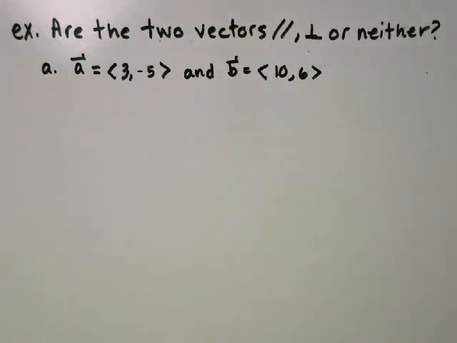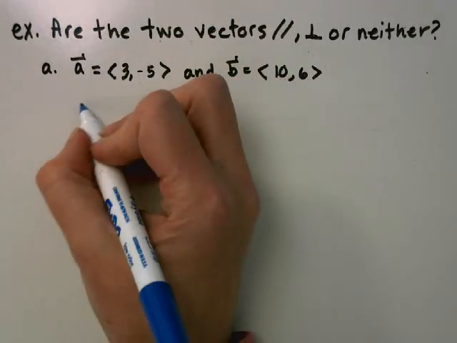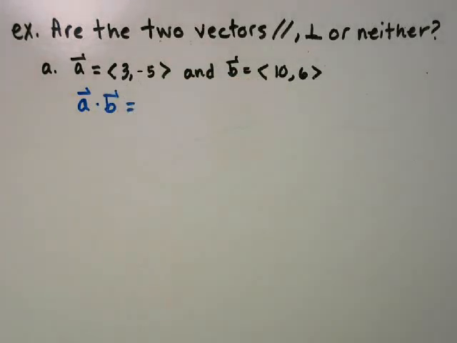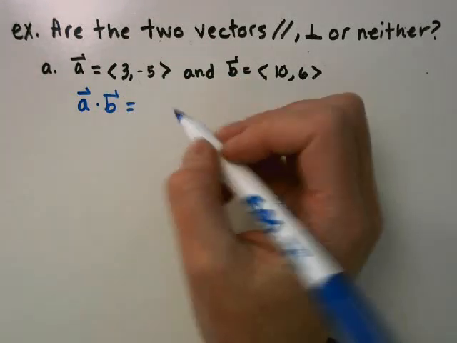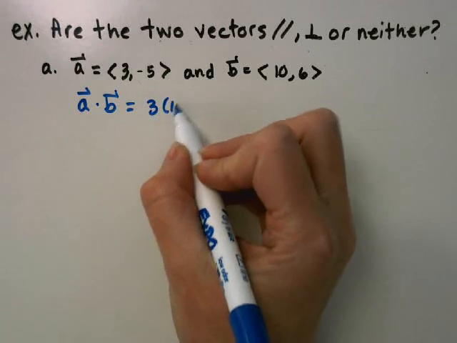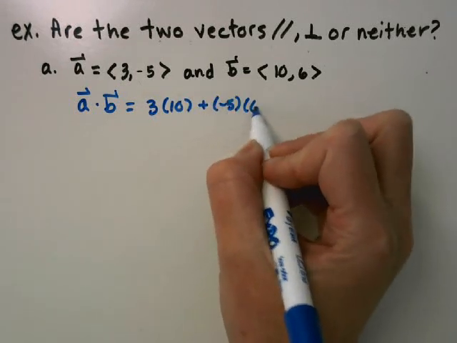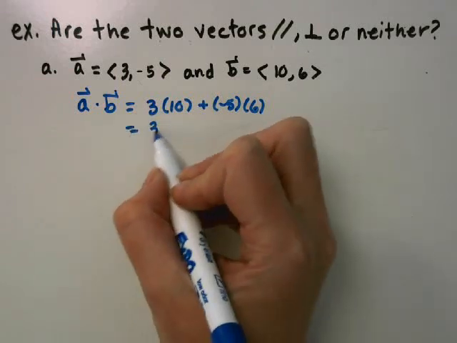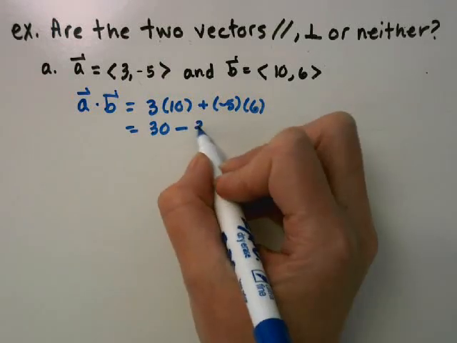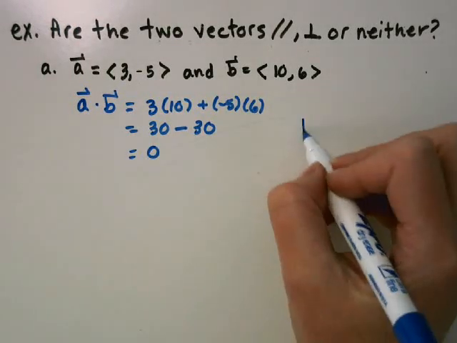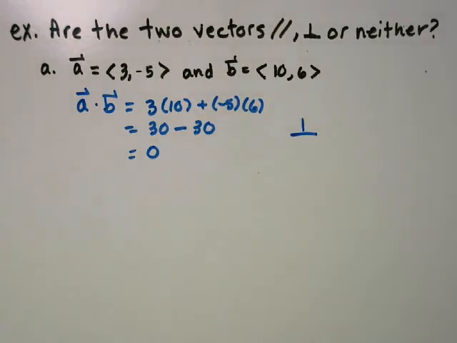First we have A, which is (3, -5), and B, which is (10, 6). We're going to do the dot product. That's going to be 3 times 10 plus -5 times 6. So 30 minus 30, which is 0. So these two vectors are perpendicular.